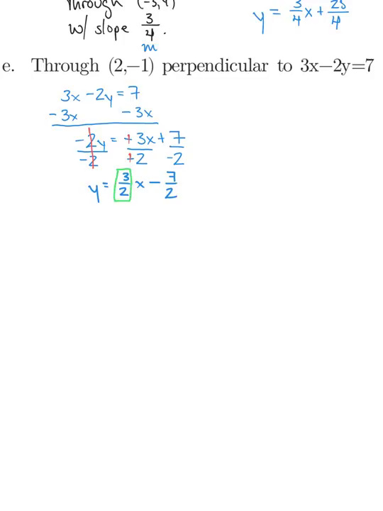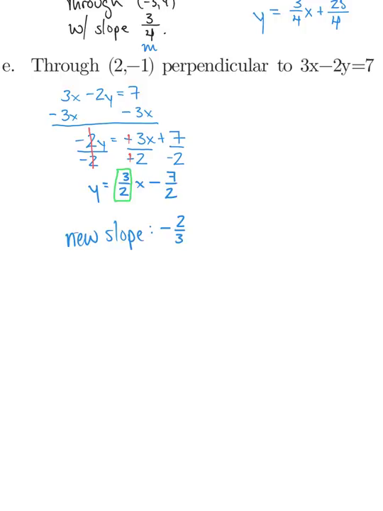But we want the slope of the perpendicular line. So what is the relationship between the slopes of perpendicular lines? Well, the relationship is opposite reciprocal. So the slope that we actually want is, I want to change the sign from positive to negative, and I want to flip the fraction.